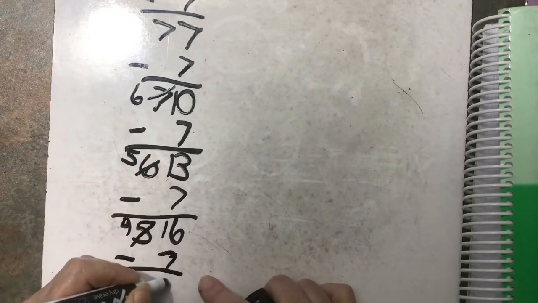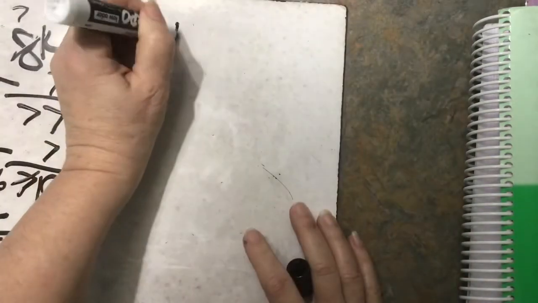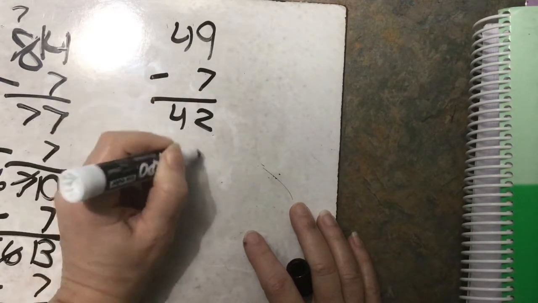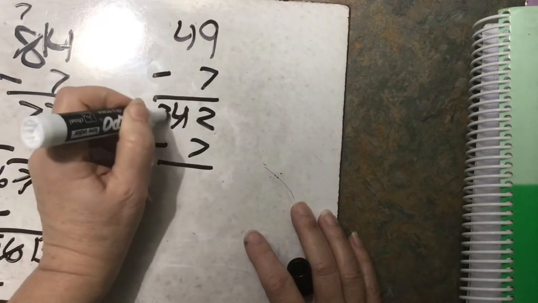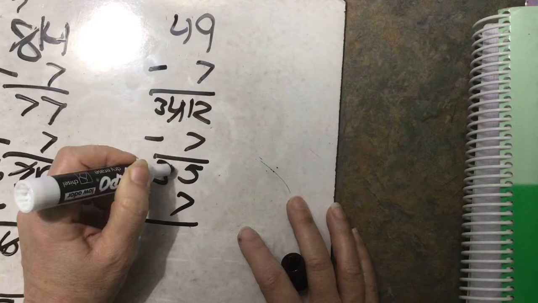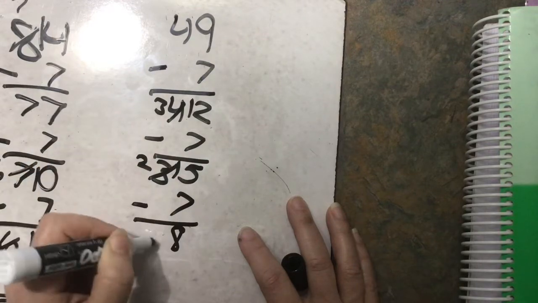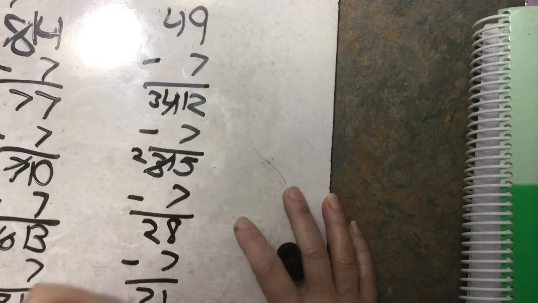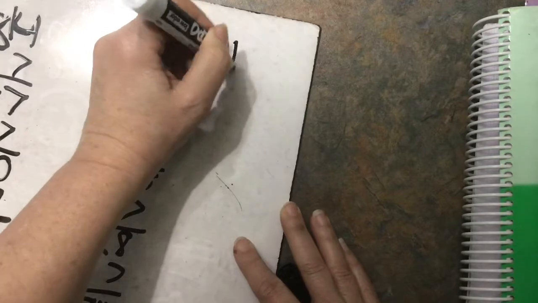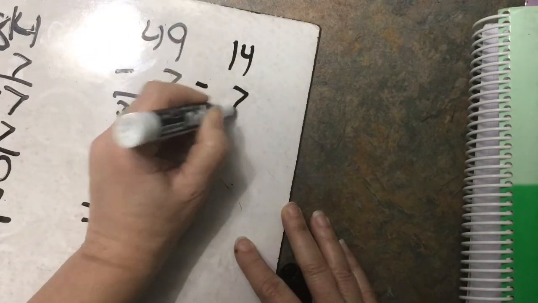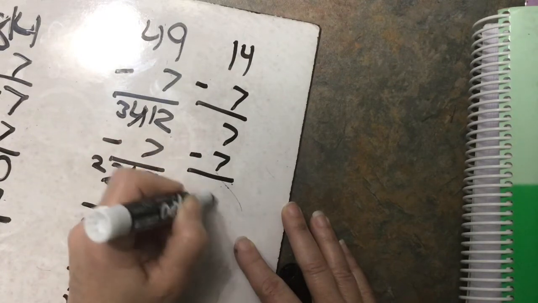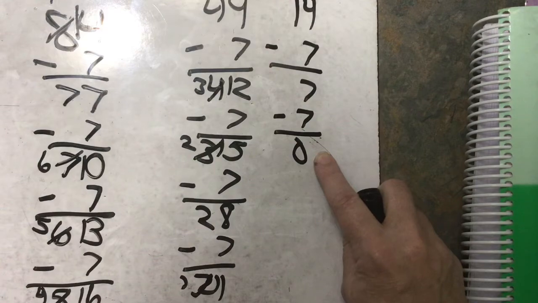And you have to make sure that you're borrowing correctly. Okay, I worked all the way down to 0.